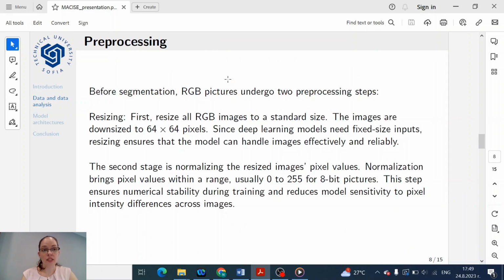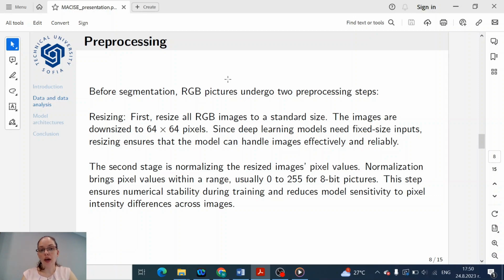So, as a preprocessing step, actually there are 2. The first one is resizing, and the second one is normalization.